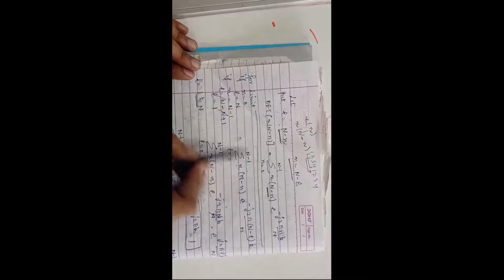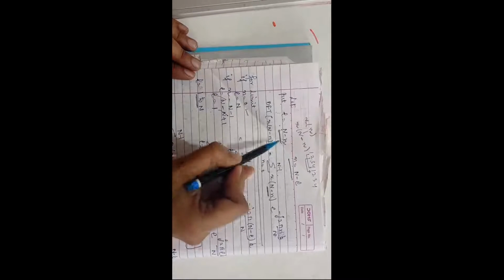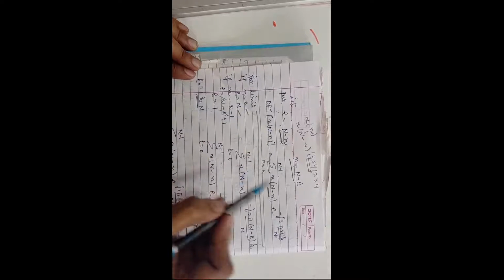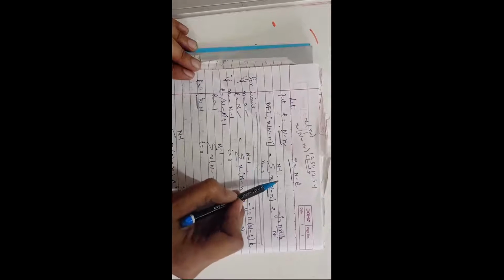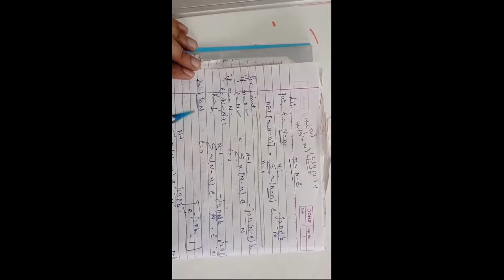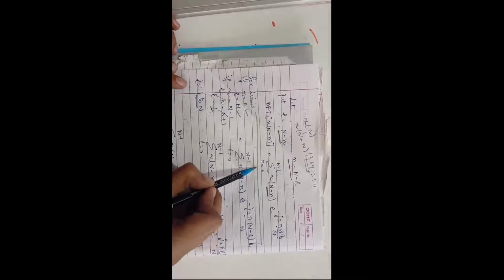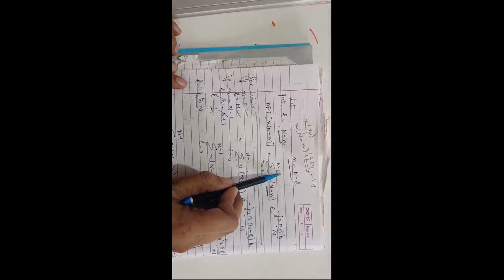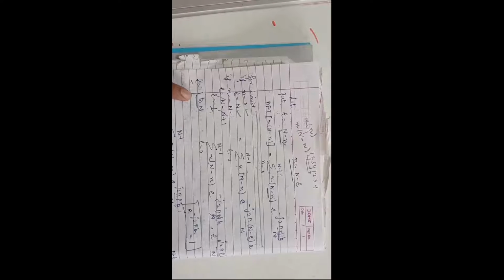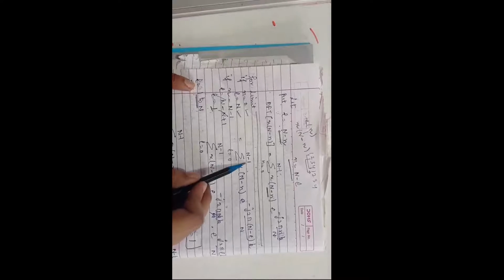So let's start with the limits. If n is equal to 0, meaning this small n is equal to 0, then L will be equal to N. If this small n is equal to N minus 1, then L will be equal to 1. It means if the limit of n is 0 to N minus 1, then the limit of this L will be 1 to N. But this is a periodic or circular sequence, so it is the same whether we take 1 to N or 0 to N minus 1.